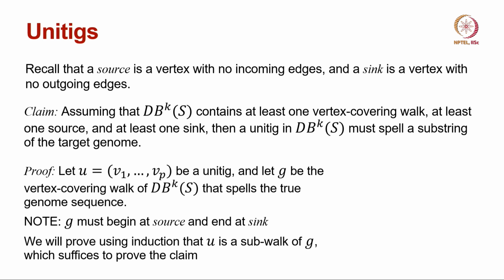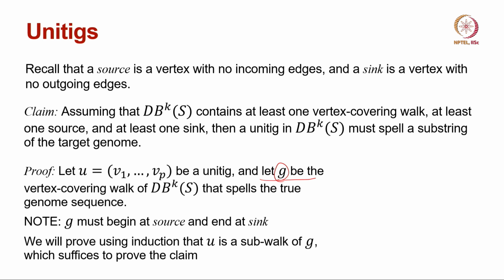We will use induction. Assume that your unitig is denoted as V1, V2 until Vp, and let G be a vertex covering walk of the De Bruijn graph that spells the true genome sequence. So, G is the vertex covering walk corresponding to the true genome sequence.